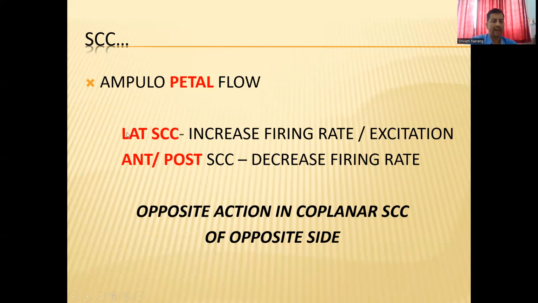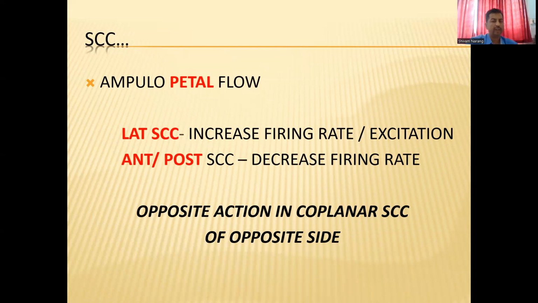Ampullopetal flow in the lateral semicircular canal increases the firing rate, and it is read as excitation, whereas ampullopetal flow in the anterior or posterior canals decreases the firing rate, because this flow causes the movement of stereocilia away from the kinocilium.